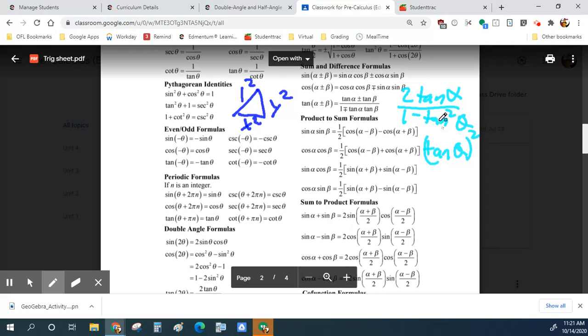So first you plug in your angle, and whatever you get as a result, you square that. It's kind of like the idea of y squared: in order to get y, you plug in x, and then you square this. So they're just squaring the function of whatever you get.